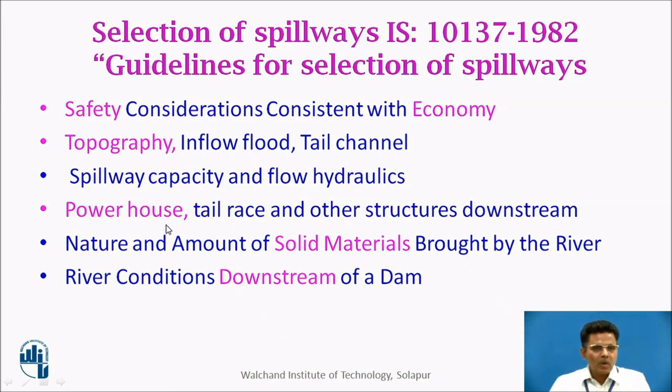The location of the powerhouse, the tail race channel, and other structures downstream also should be considered. The nature and amount of solid materials brought by the river, and river conditions downstream of the dam should also be taken into consideration. So depending upon the safety, economy, topography, powerhouse, solid materials, and the downstream river conditions, we should select a particular spillway.